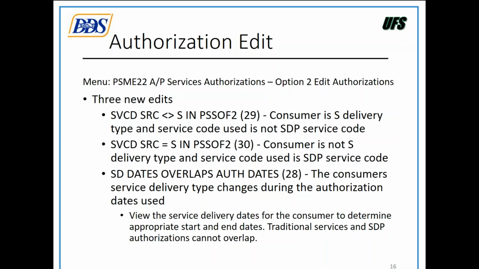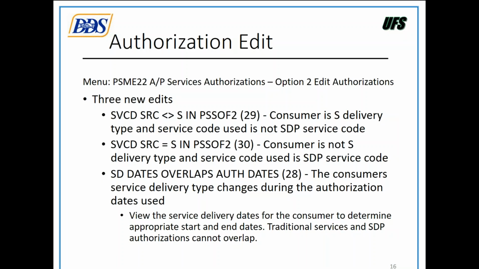So our 3 new edits are SBC D, because we have to code everything so that it's not really readable, does not equal S and PSS of a 2. So what we did is all of these service codes have a flag in the PSOFF2 file, which is your service code file.